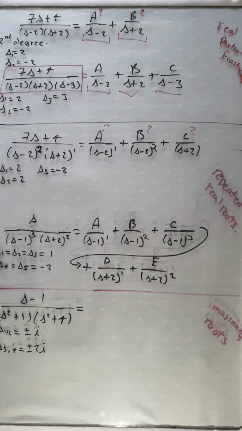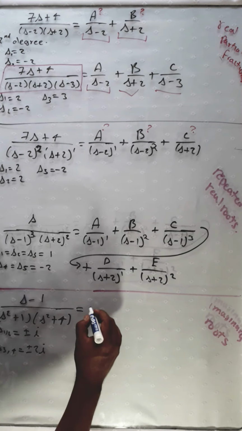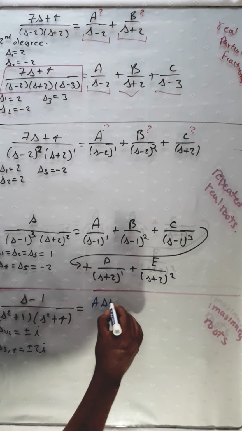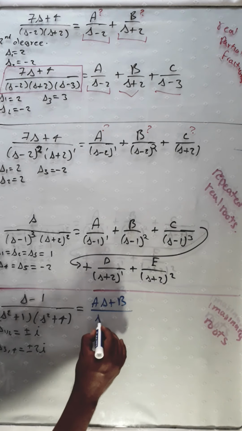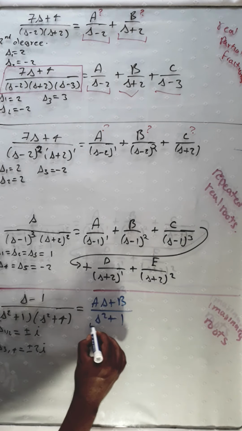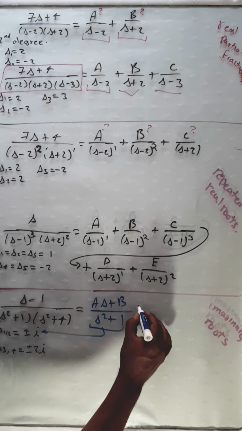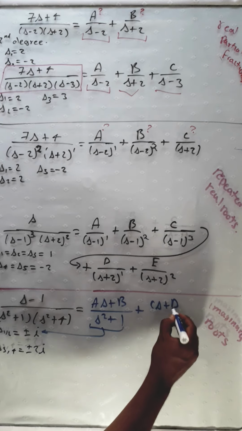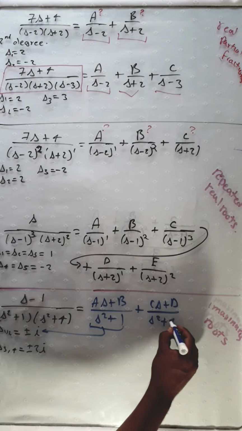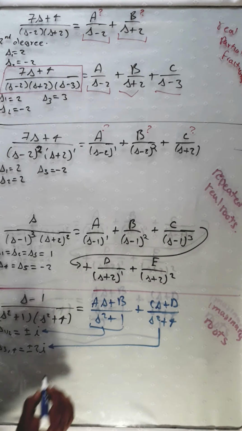Now how are we going to build the partial fraction for this? The rule for this kind of fraction is going to be something like this: (As plus B) over (s squared plus 1), and this covers the plus and minus i, and then plus (Cs plus D) over (s squared plus 4), and this covers the other 2 roots.